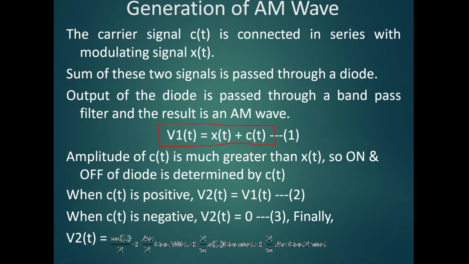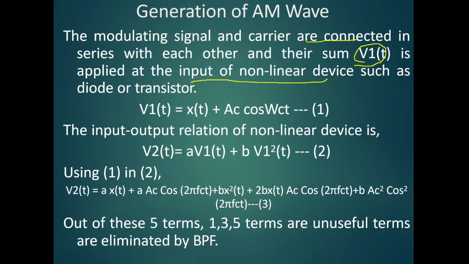Then when it is passed to the filter, we have the output signal, which gives us the AM wave, right? In here it is not visible clearly, but I will give you the equation in the further slides. Till here, just remember the block diagram that we have seen.